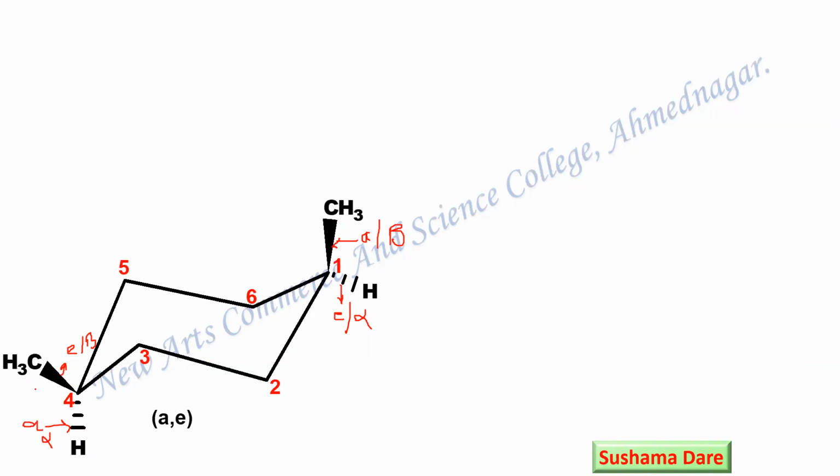At the end, you have to name the conformer. At number 1 position, the methyl group is axial, so write A. At number 4 position, the methyl group is equatorial, so write E.